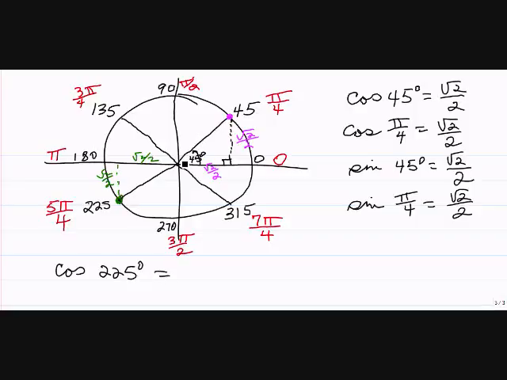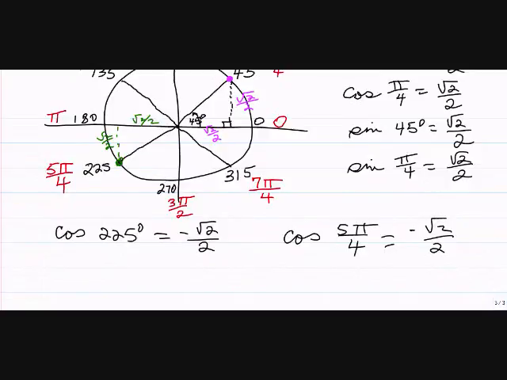Cosine is where I've come to get this green point, where I've come out on the x-axis. How far have I come on the x-axis? So what is the cosine of 5 pi over 4 radians? Okay.